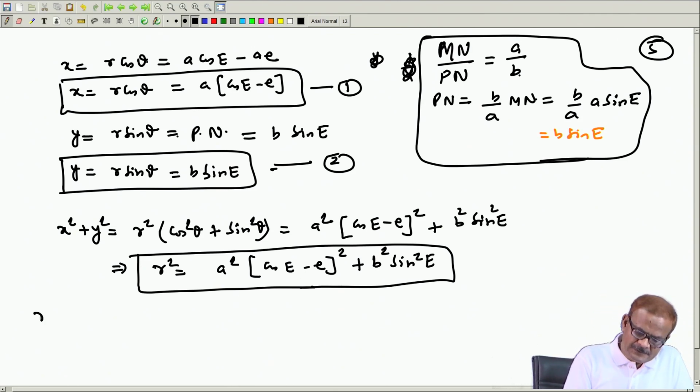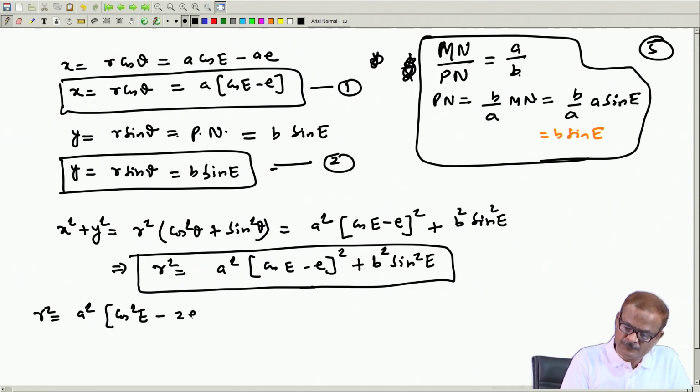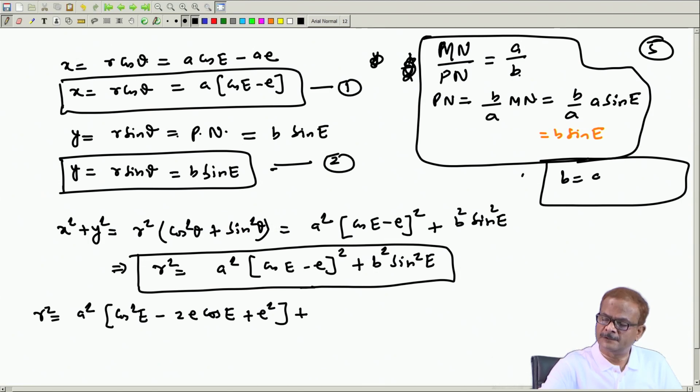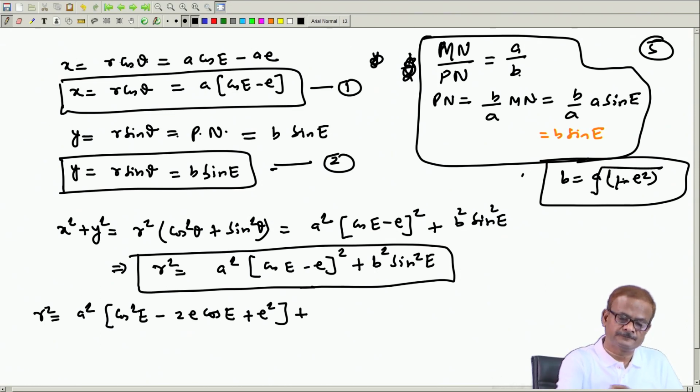So, the next step is to expand them. So this becomes cos square E minus 2 e cos E plus e square, and b square, because b is written as b equal to a times under root of 1 minus e square.